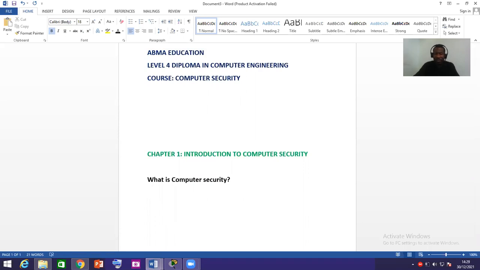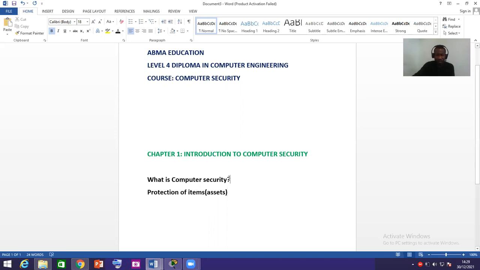We are talking about the protection of items. When you hear somebody talking about computer security, shortly, we're talking about protecting items, and those items we call assets.